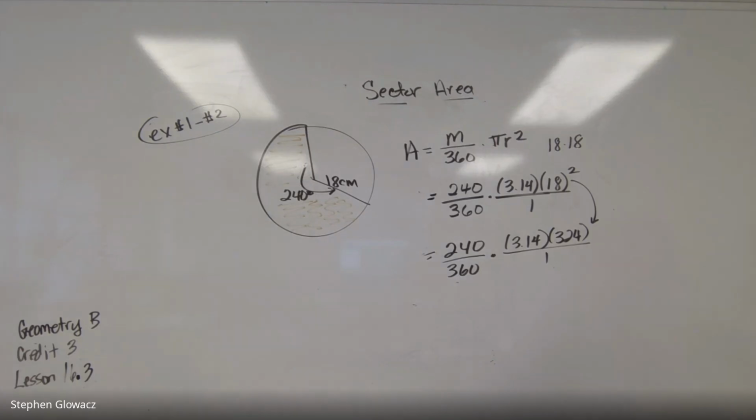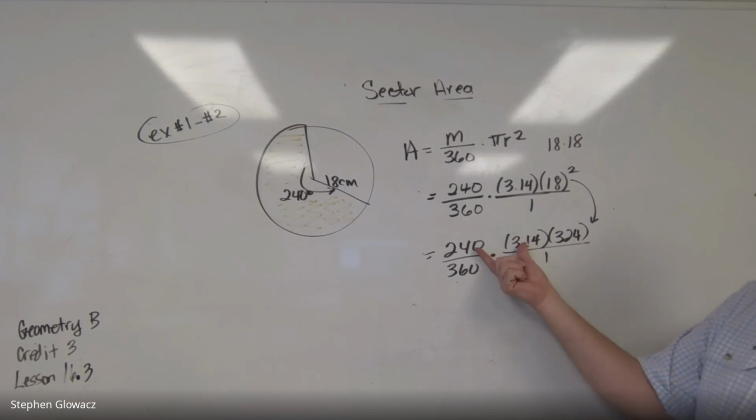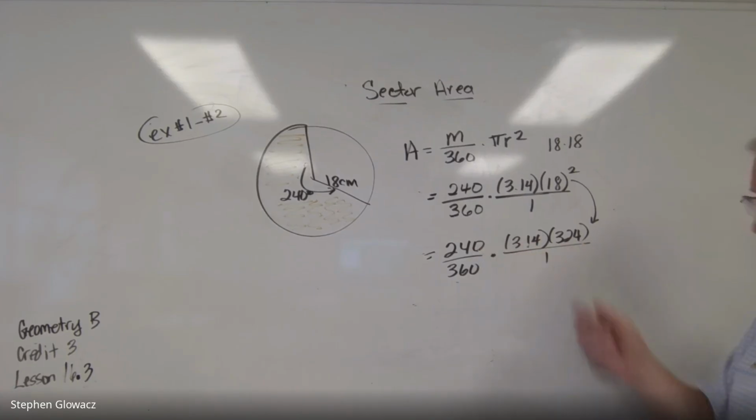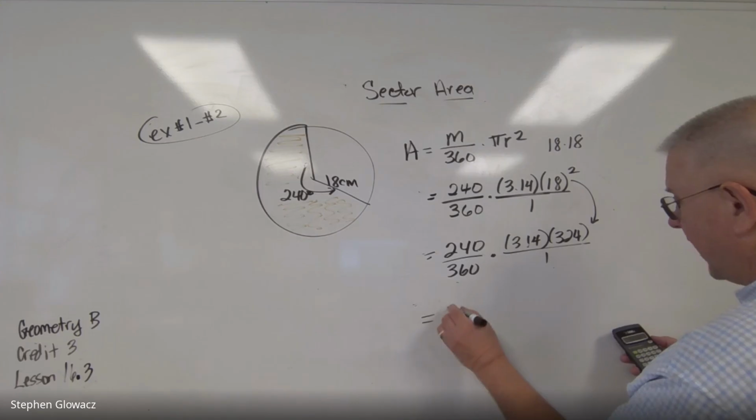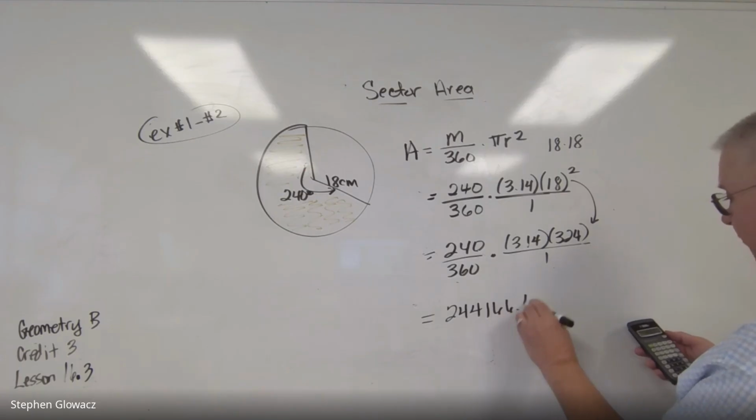All right, now all we have left is our multiplying. So we're going to multiply across. 240 times 3.14 is 753.6. Now we take that 753.6 and multiply it by 324, and we get a pretty large number: 244,166.4.